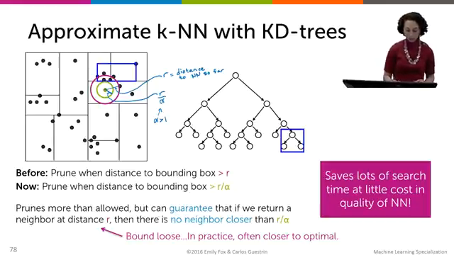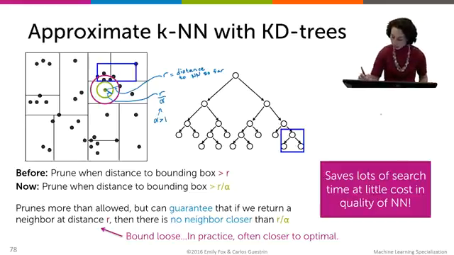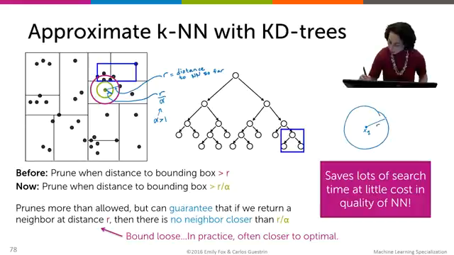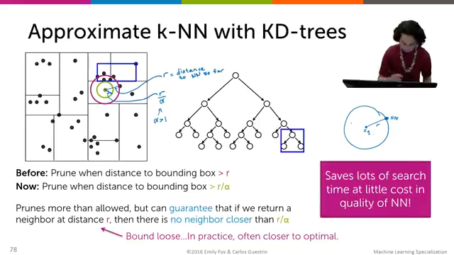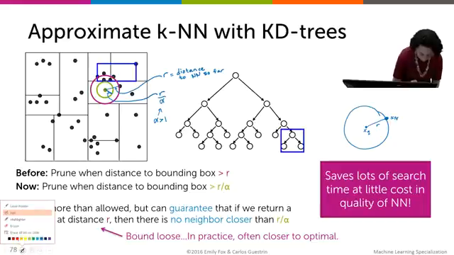Well, we know that if we return a neighbor at some distance R, then there's no neighbor within R over alpha. So what we're saying here is, let's say this is our query point, XQ, this is our distance R, this is the nearest neighbor that we're going to return.